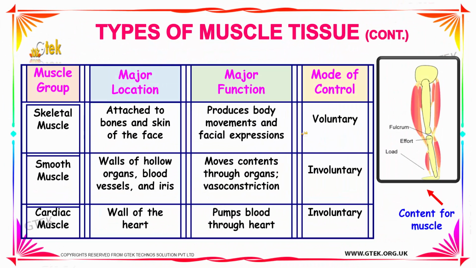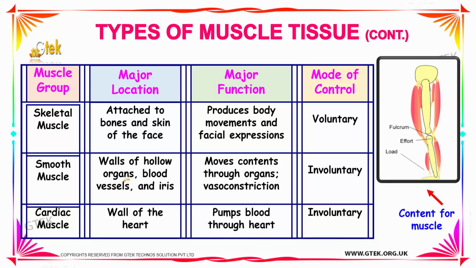The types of muscle tissues are grouped as follows: skeletal muscle, smooth muscle, cardiac muscle. If you see, the muscles that are attached to the bones and skin of the face are an example of the skeletal muscle.